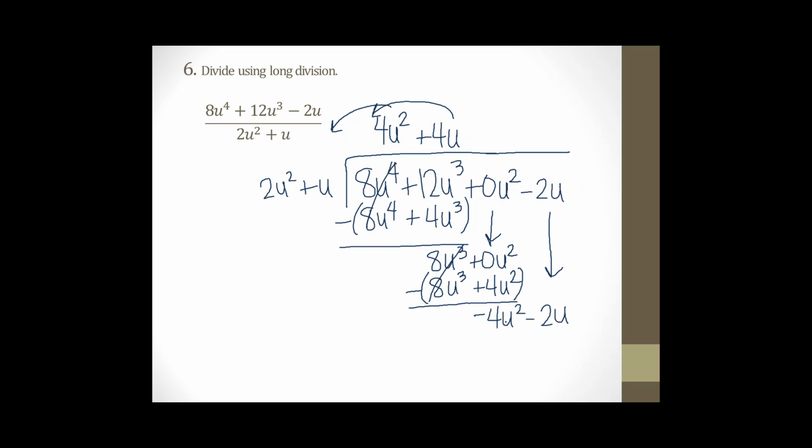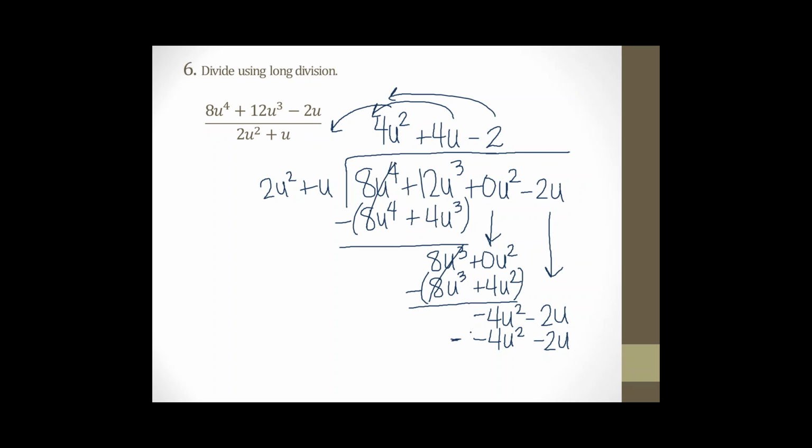So negative 4u squared divided by 2u squared would give you just negative 2, because negative 2 times 2u squared is negative 4u squared. We always want to get the same term here. And then negative 2 times u is negative 2u.